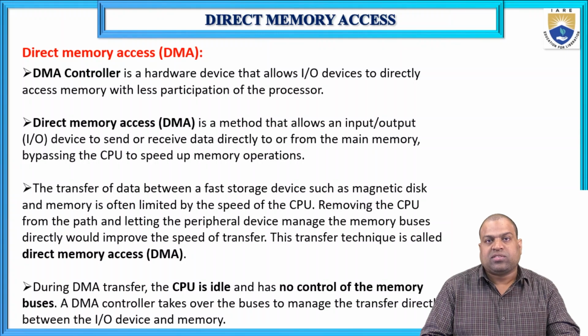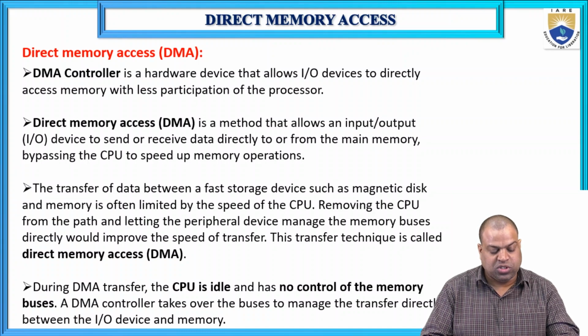Direct Memory Access is a DMA controller, a hardware device that allows input-output devices to directly access memory with less participation of the processor. Direct memory access is a method that allows an input-output device to send or receive data directly to or from the main memory by passing the CPU to speed up memory operations.